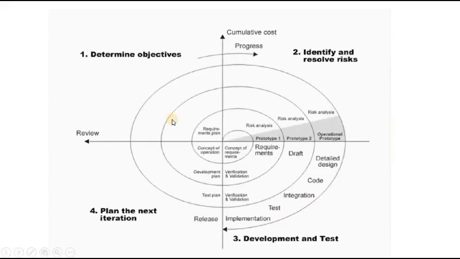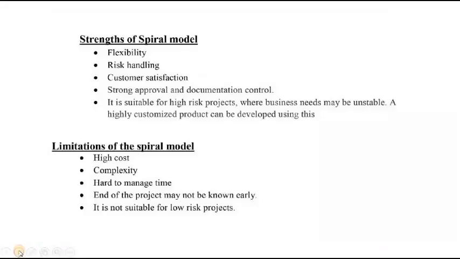Now we can understand this spiral method is a combination of the waterfall method and prototyping. Strengths of the spiral model: flexibility, risk handling, customer satisfaction, strong approval and documentation control. It is suitable for high risk projects where business needs may be unstable. A highly customized product can be developed using this.